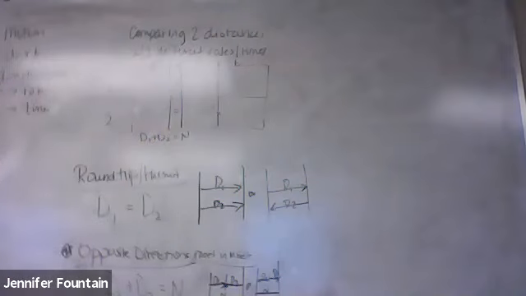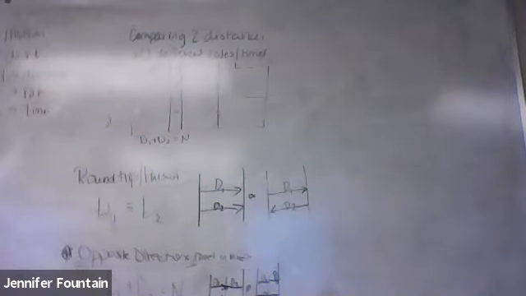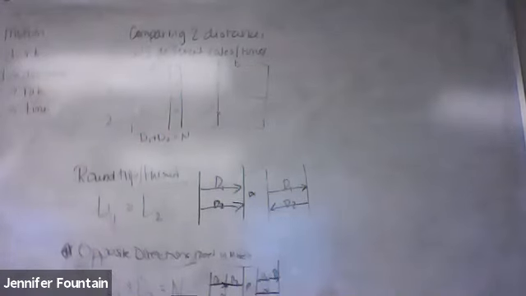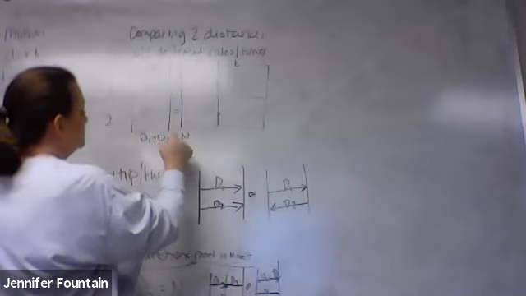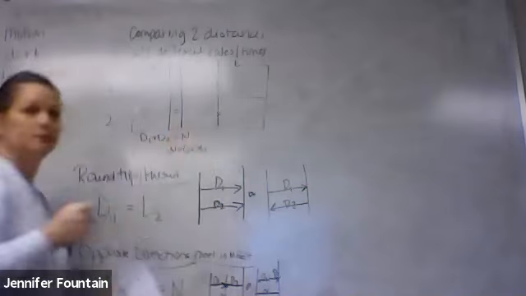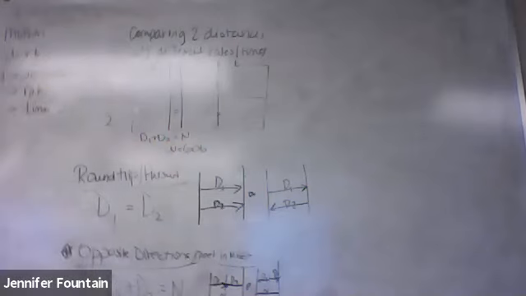What is my total distance? What does n equal? What does the problem tell me? How far apart are they? 606 air miles away, right? So I know that n equals 606.